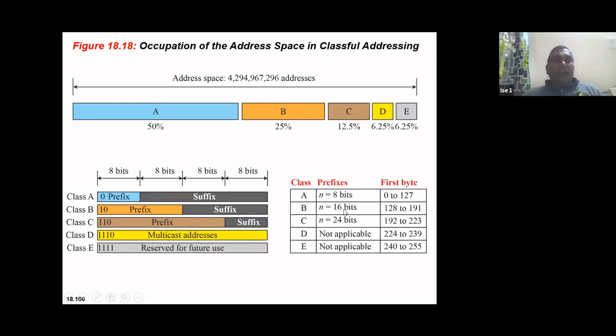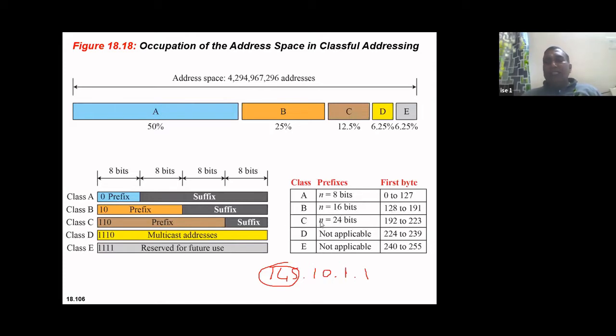That means assuming that I have an address like 145.10.1.1, something like this. Since it is having 145, it is lying between 128 to 191, and hence it is a class B address.